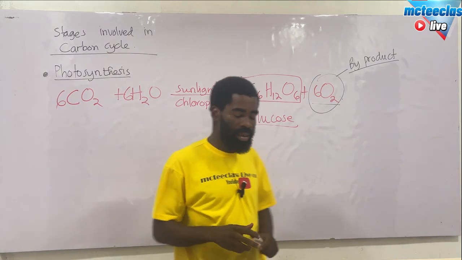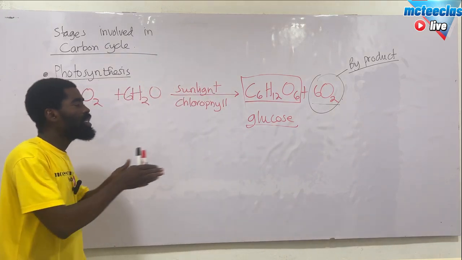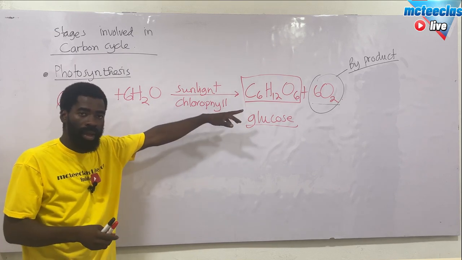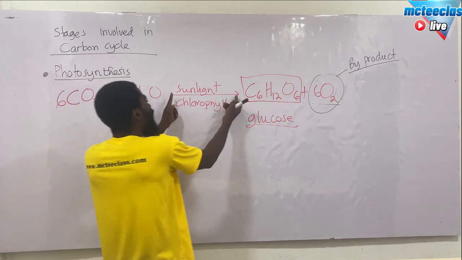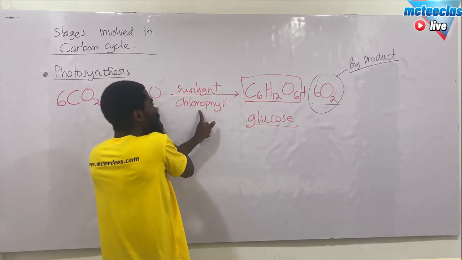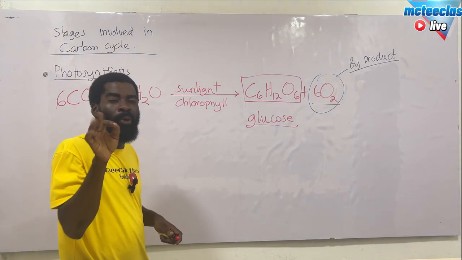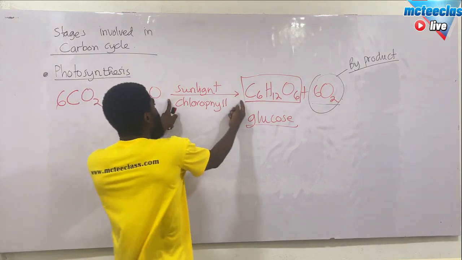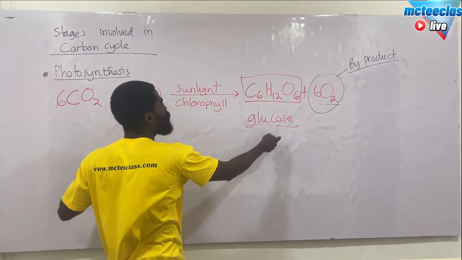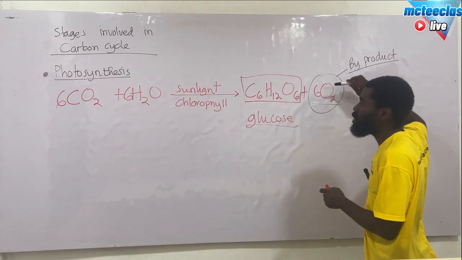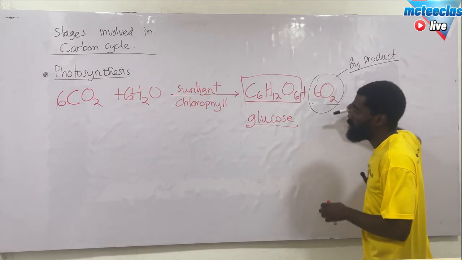Then respiration. You see, photosynthesis and respiration, they have a link. If you look at this here, the moment you take this arrow and turn it this way, you will get respiration's chemical equation. Respiration is the process by which we break down food in the presence of oxygen to release what?